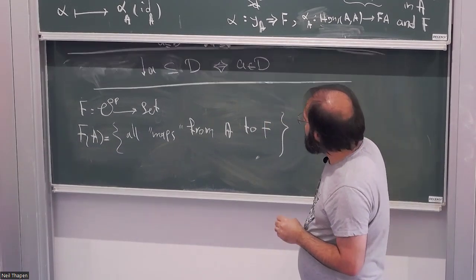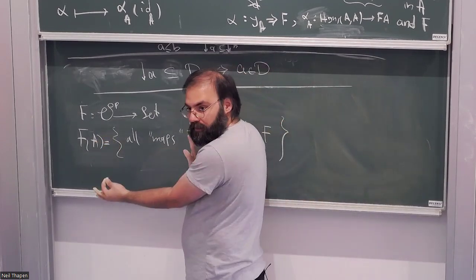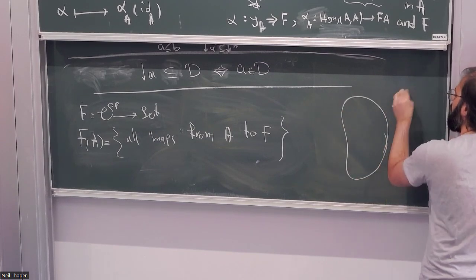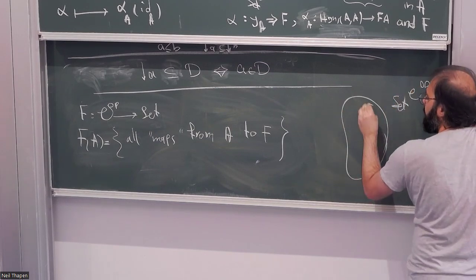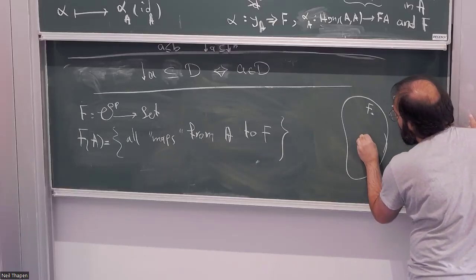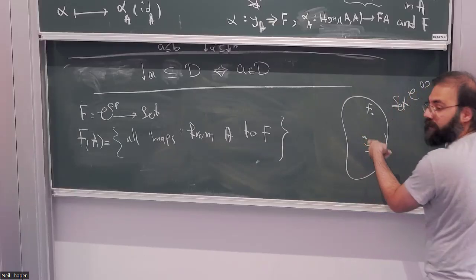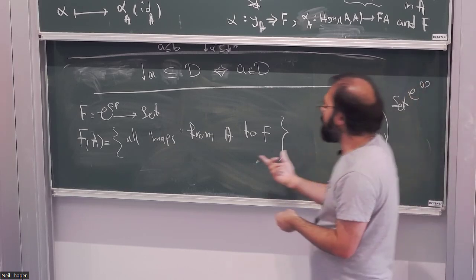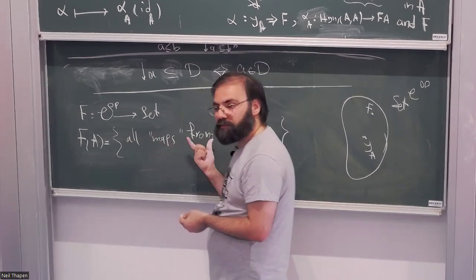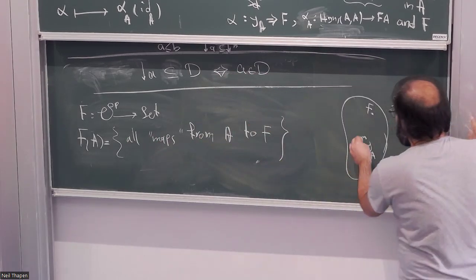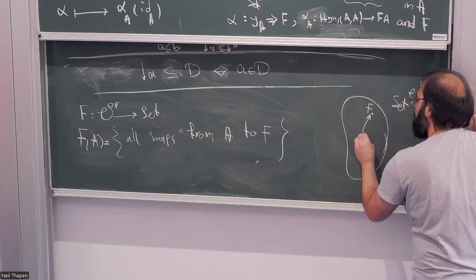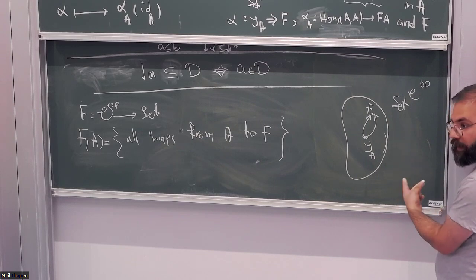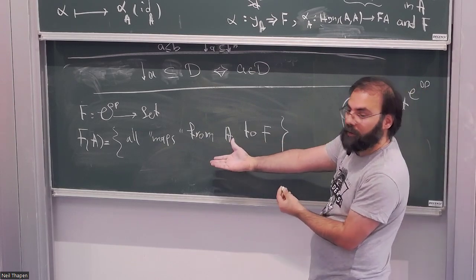The problem is that I can read it like this, but then when you go to Set to the C opposite, and F lives there and your Yoneda A, as a copy of A, lives here, then both of them are in one category, and then it really means something to say that all maps from A to F are these guys. That's a formal meaning, while the other is just some informal thing.